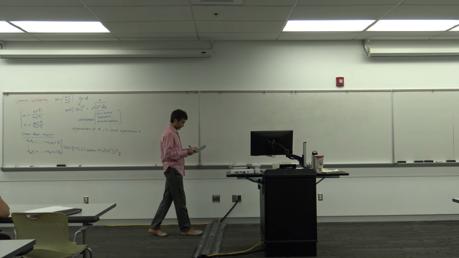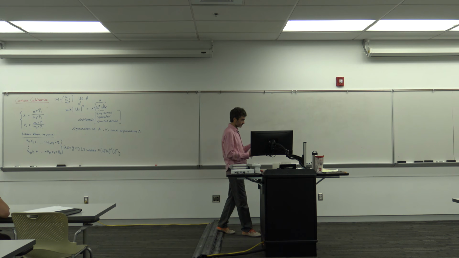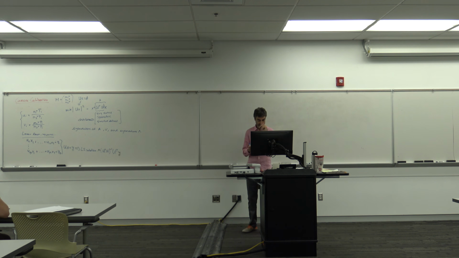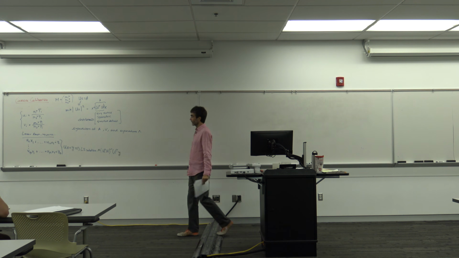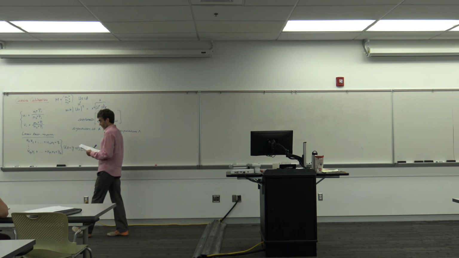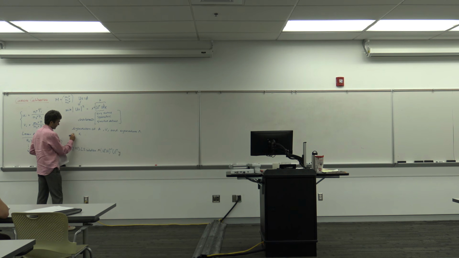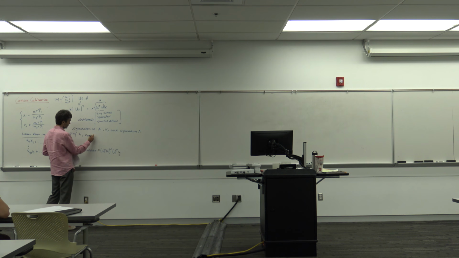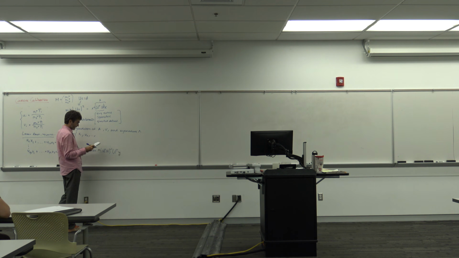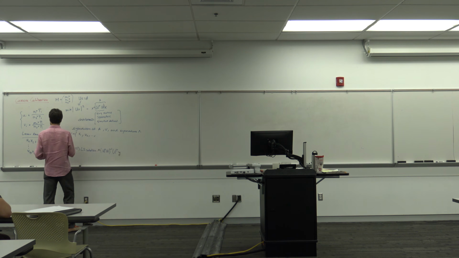So V is a matrix whose columns are the eigenvectors: V1, V2, up to V, what did we say, p or q?